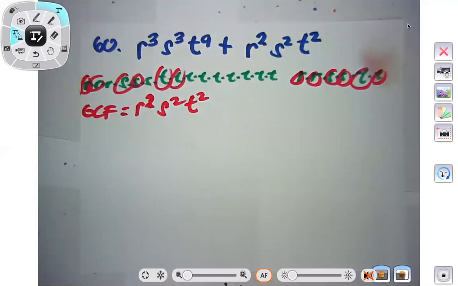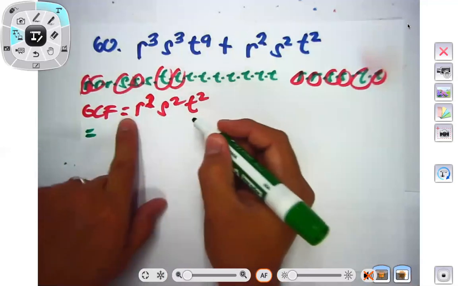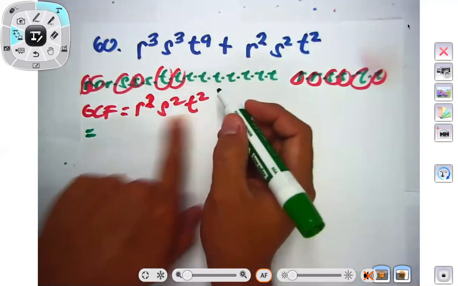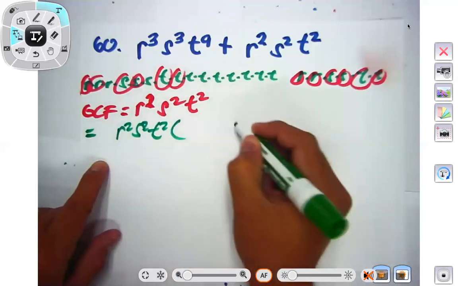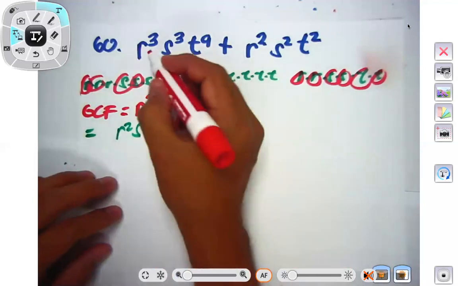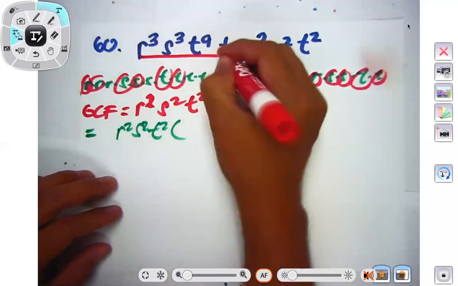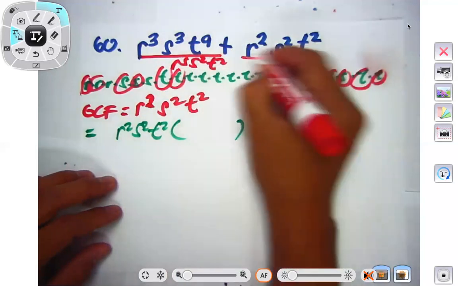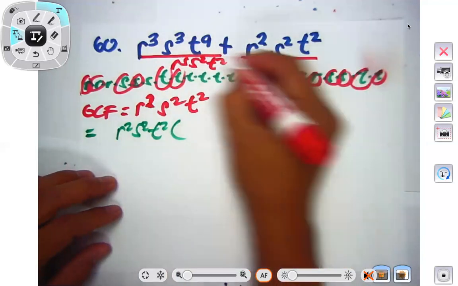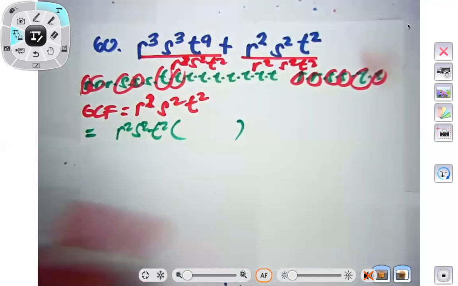Okay, so let us find the factors now. The first factor that we have is r squared, s squared, t squared. So therefore, if we divide the polynomial here by our GCF, then we'll get the other factor. So now let's divide. What goes inside now?